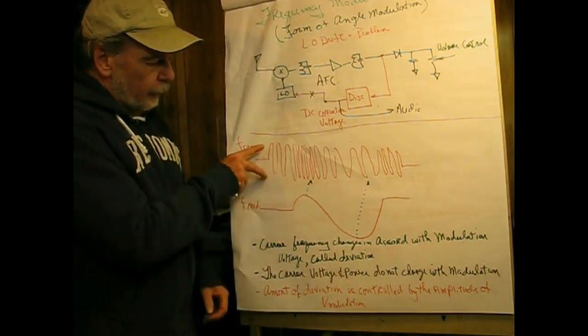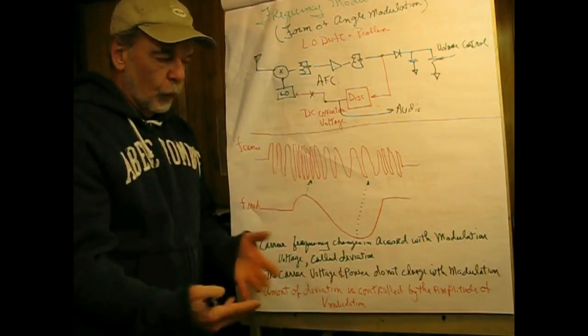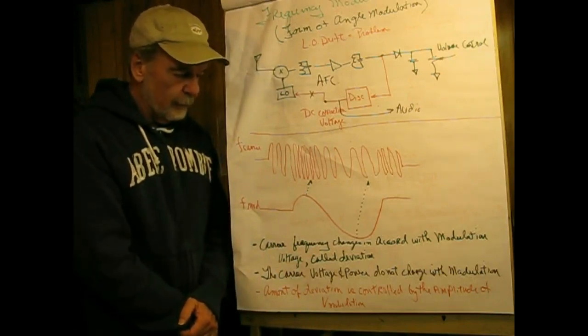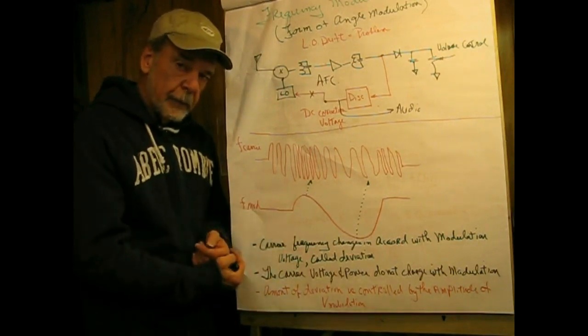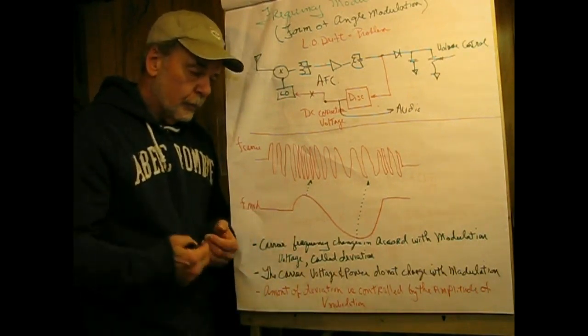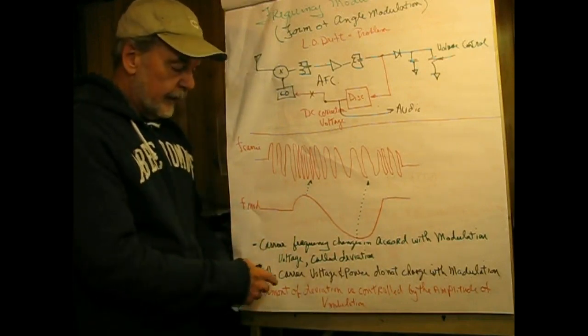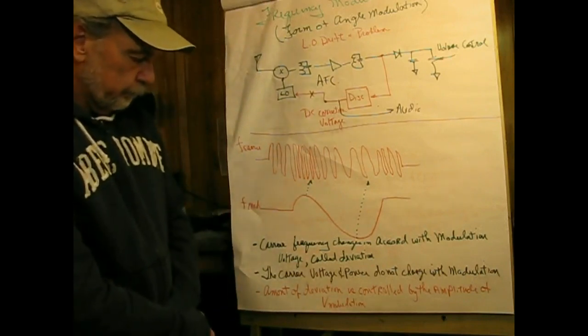So if the voltage remains the same, the power remains the same, what carries the information? And the answer to that question is that power is taken away from the carrier and placed in the sidebands. And the sum of all the sidebands plus the carrier is constant. And that constant would be the same as an unmodulated carrier.